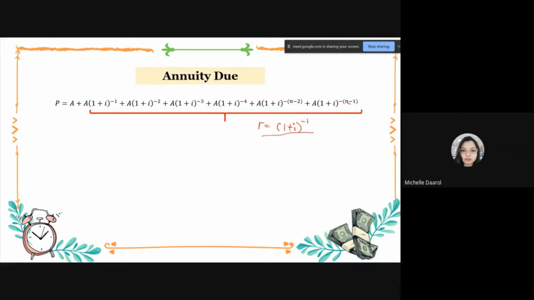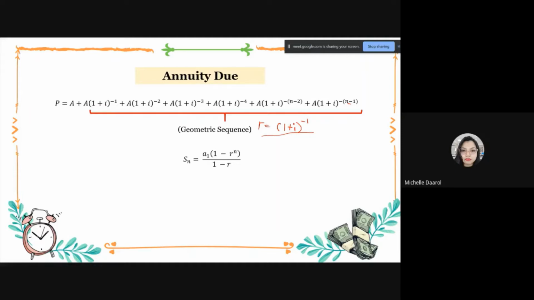Remember that the sum of a geometric sequence is equal to the first term multiplied by 1 minus the common ratio raised to n, over 1 minus the common ratio.